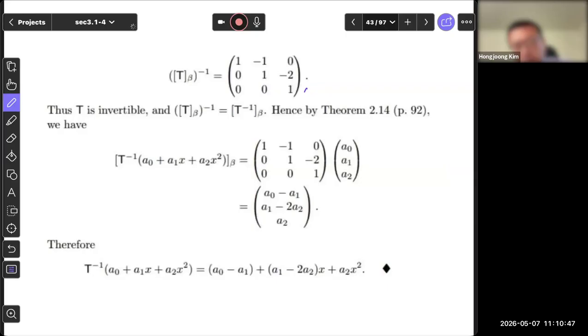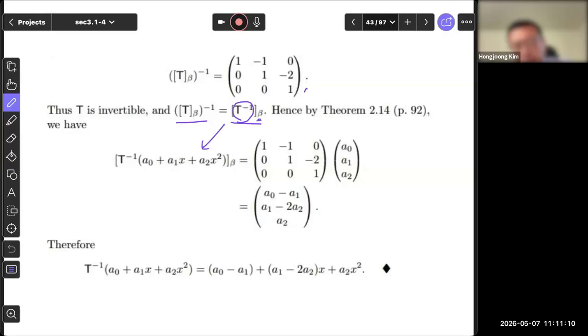And given this matrix, by some theorem we considered, this inverse is the matrix representing the inverse mapping with respect to beta. Then what is the meaning of this?